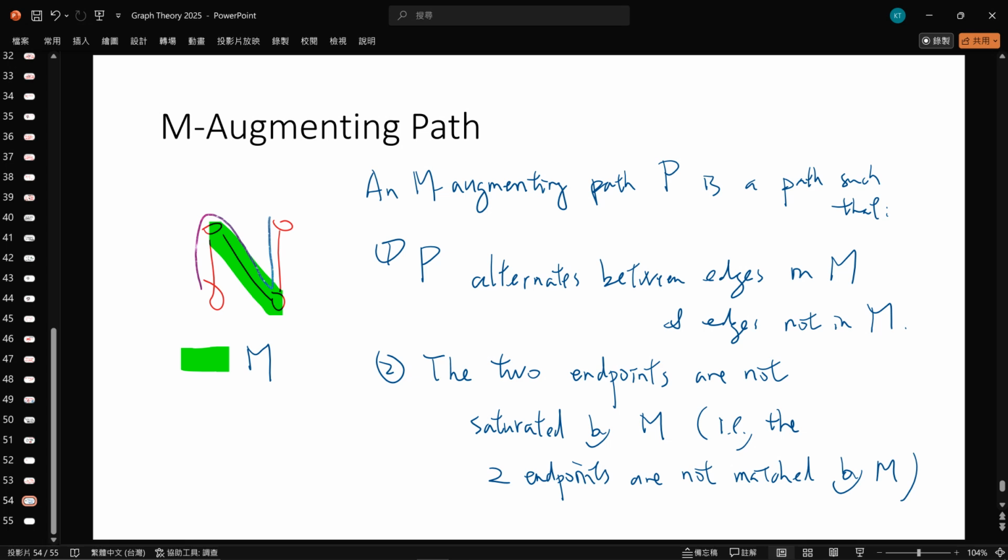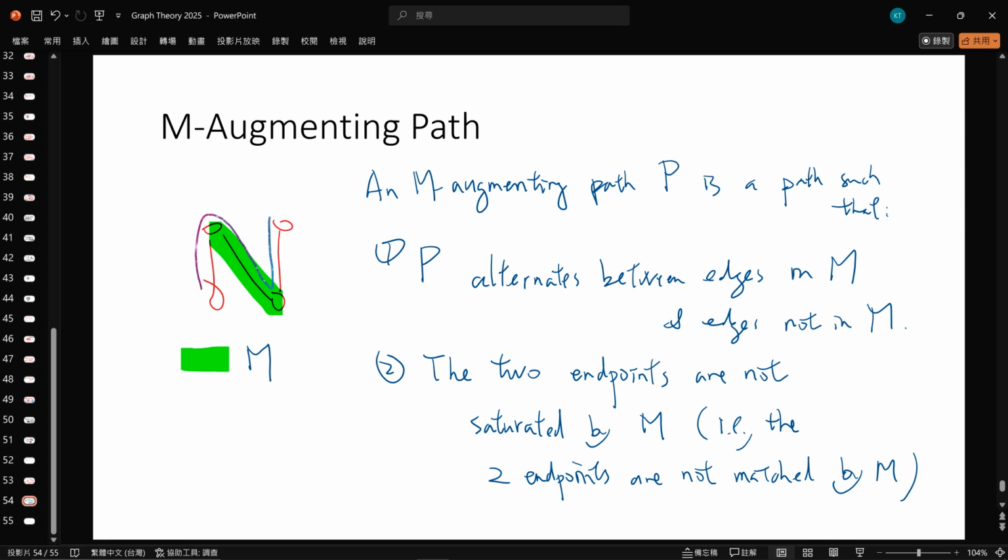So once we have this alternating path, the augmenting path, we can find a larger matching. So how to find a larger matching? We just swap these edges. For the edges on the path, if it is not in M, then we add this edge. And if it is in M, then we remove it.